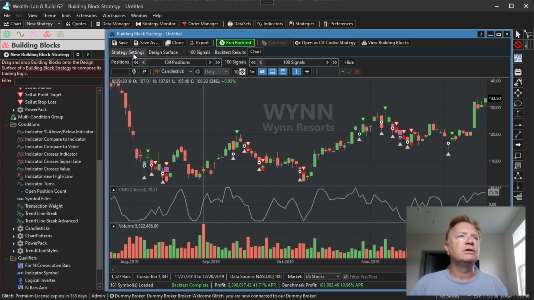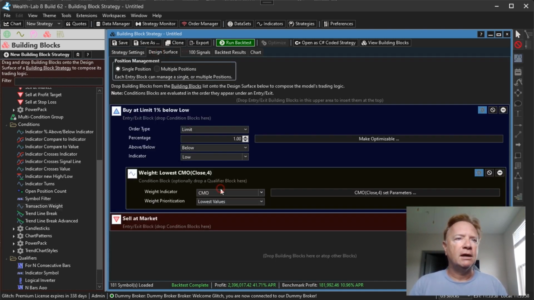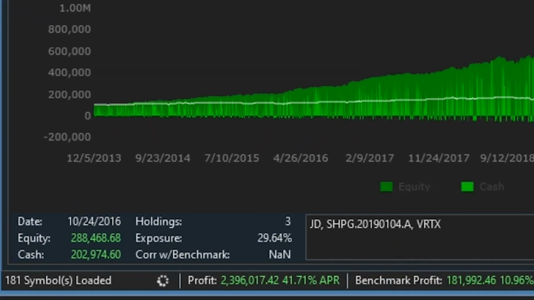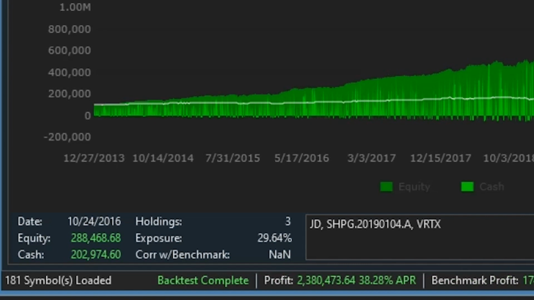What if we change the indicator back to RSI, something that is less likely to sit at an extreme oversold level that's exactly the same as one of the other stocks? Let's run this again. Now we are at 2.380, and we'll run it one more time.